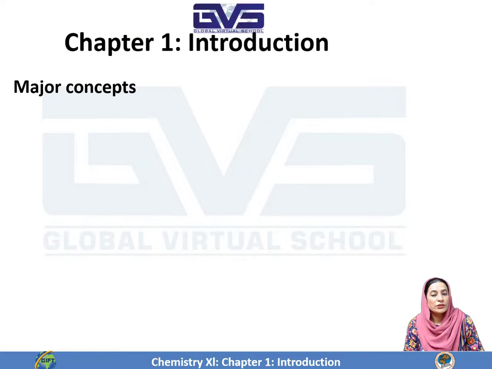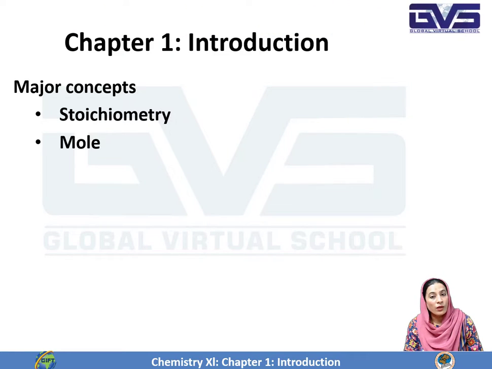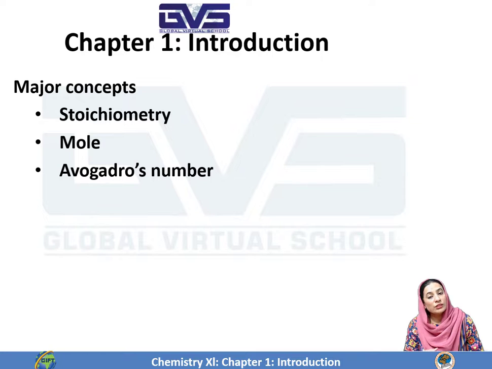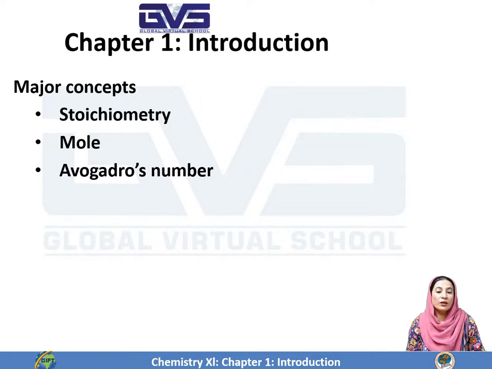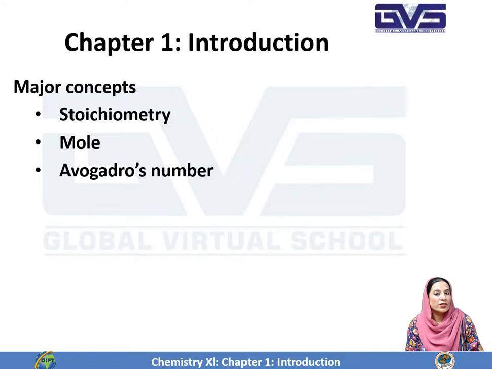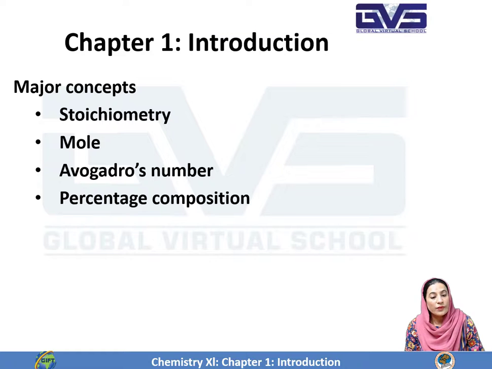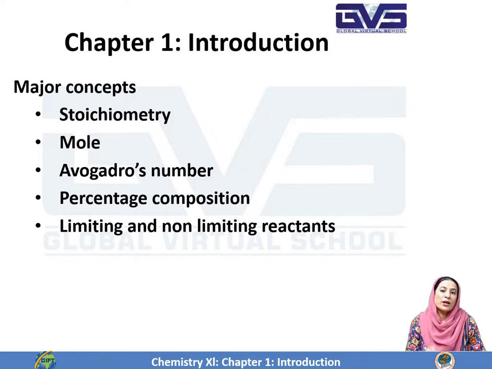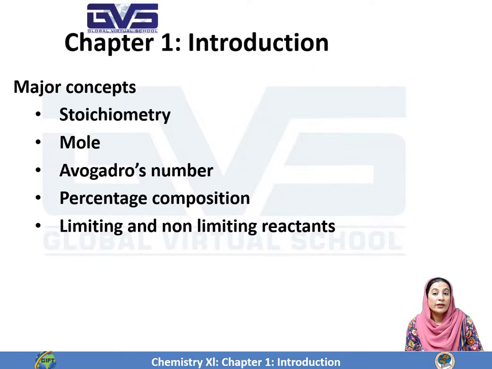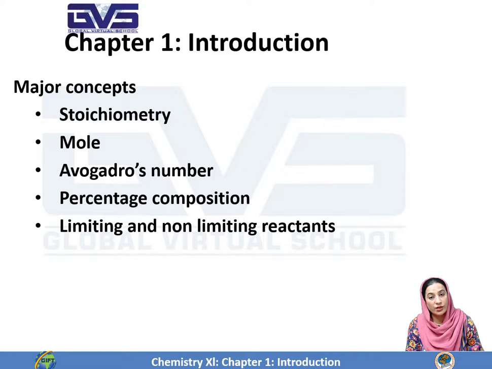The major topics you have to learn in this chapter are stoichiometry, the mole, and Avogadro's number. These are interconvertible. So you have to understand what is stoichiometry, what is a mole, what is Avogadro's number. Then we will discuss percentage composition, then limiting and non-limiting reactants. Students, you can't even understand limiting and non-limiting reactants if you don't have knowledge of the mole, Avogadro's number and stoichiometry.